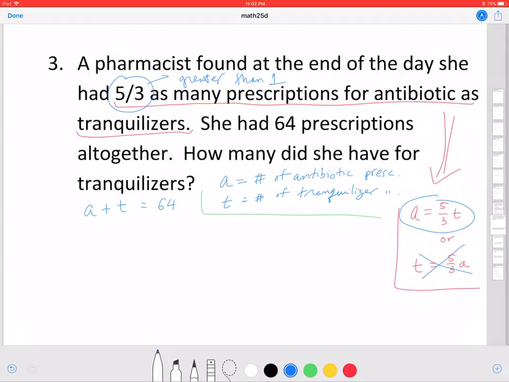So we have our second equation, A is equal to 5/3 T, and I'm going to use a similar technique as the previous example where I'm going to replace the A of the first equation by 5/3 T. So we end up with this equation. Of course, that simple T is just 3 over 3.